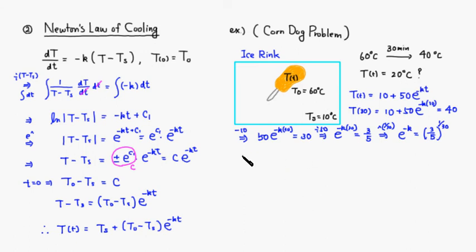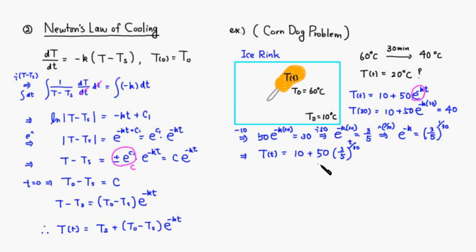This gives us the temperature function T(t) is equal to 10 plus 50 times, now that we found e to the negative k to be 3/5 raised to the 1 over 30th power, and then you have a t here, so I'm going to put t. So this is the complete function.